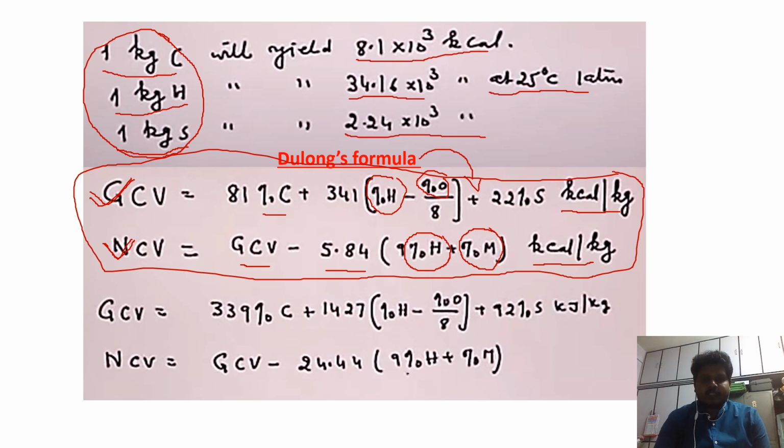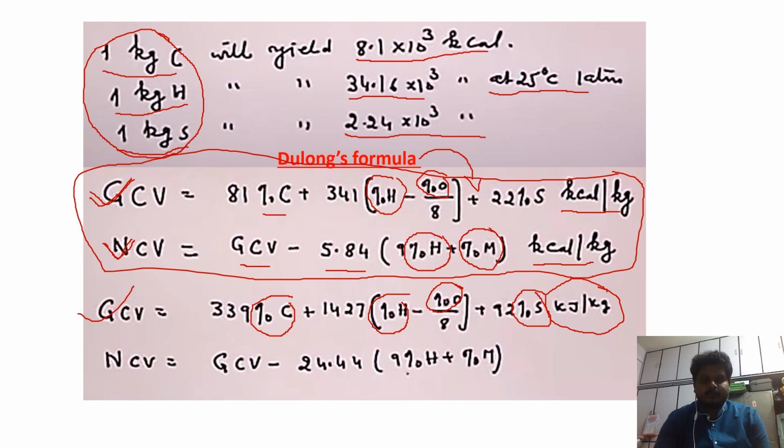The same equations, if you take in terms of kilojoules per kg, would be: gross calorific value equals 339 percent carbon plus 1427 percent hydrogen minus percentage oxygen divided by 8, plus 92 percent of sulfur.